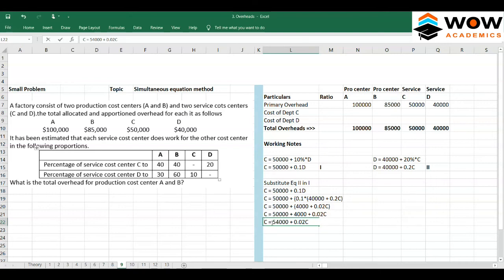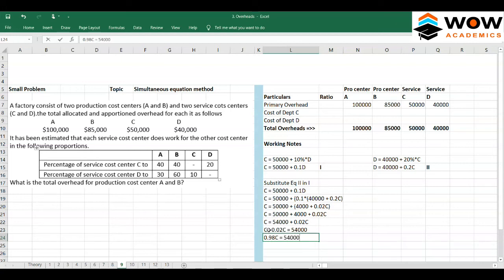And the 0.02 would go to the opposite side and will become a minus number. When we solve C minus 0.02C, it becomes 1 minus 0.02. So that becomes 0.98 of C, which equals 54,000.